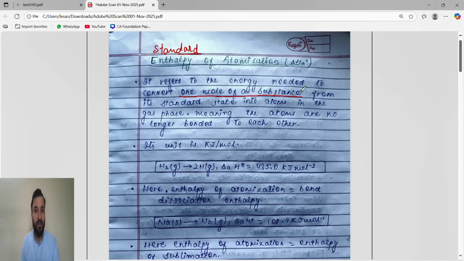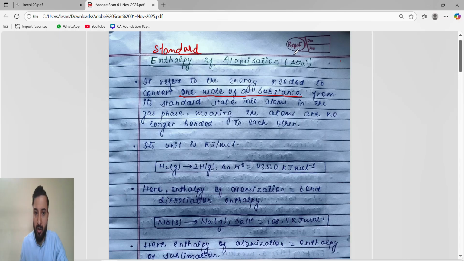Standard condition means the temperature will be room temperature, which is 298 Kelvin, and the pressure is 1 atm, 1 atmospheric bar pressure. So these are the two things we have to keep in mind whenever we talk about standard. First, the quantity is 1 mole of substance. Second, the standard condition: temperature is 298 Kelvin, room temperature, and pressure is 1 atm.